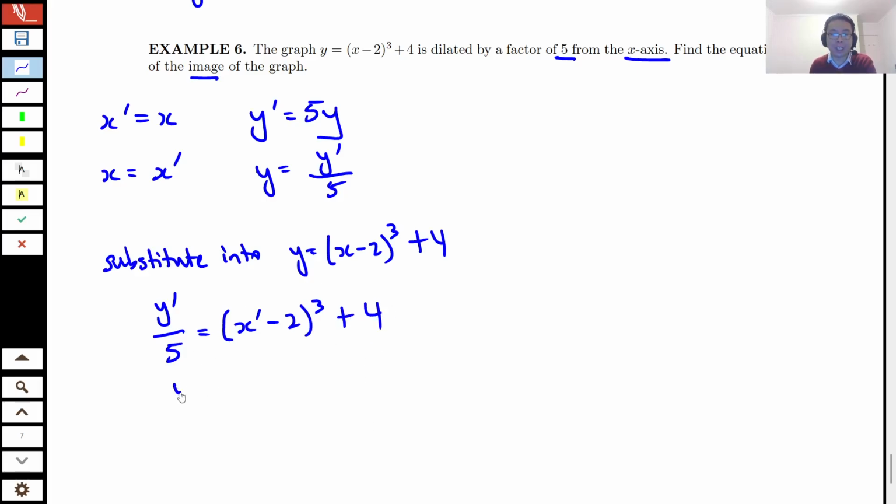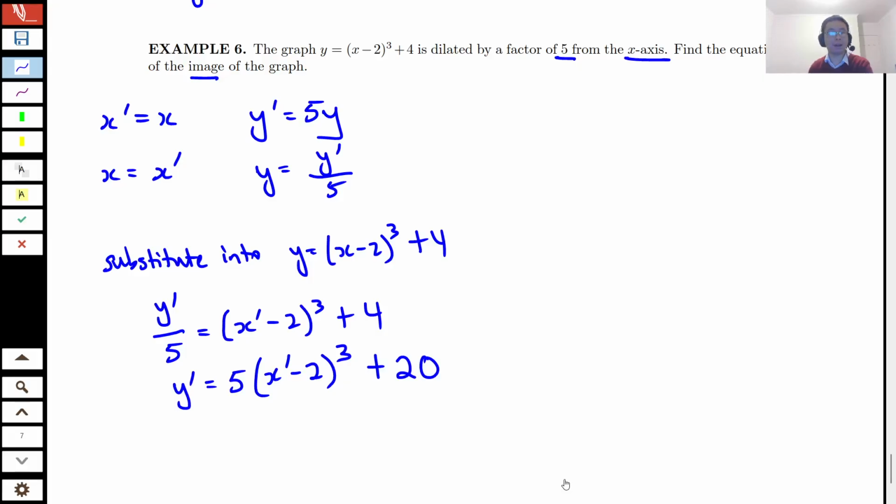And to get y dash on its own, I multiply everything by 5. So I multiply the bracket by 5, and don't forget to multiply the 4 by 5. It's a very common mistake, and it's a mistake that I made when I was doing things in a rush. If you do something to one side of the equation, you need to do it to the other side.